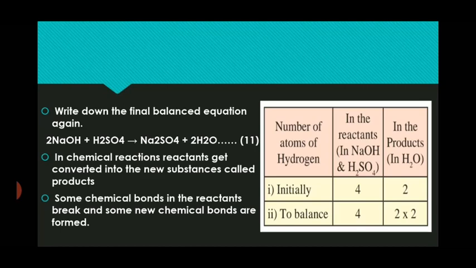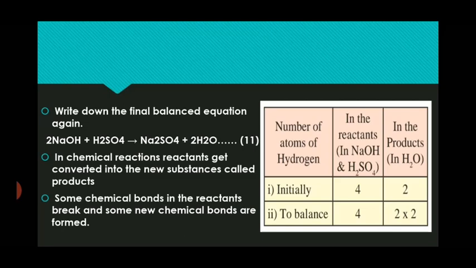What to do? We multiply the water by 2. So we get the equation 2NaOH plus H2SO4 arrow Na2SO4 plus 2H2O. Again we check the number of atoms on the left hand side as well as the right hand side.